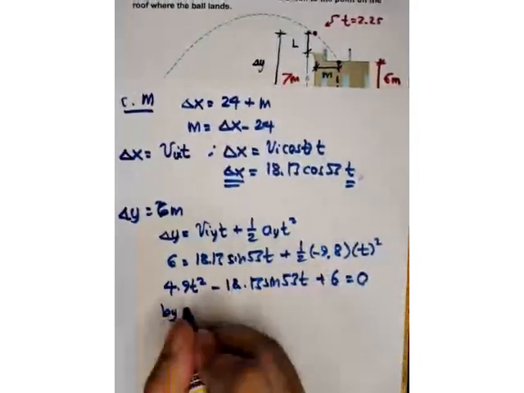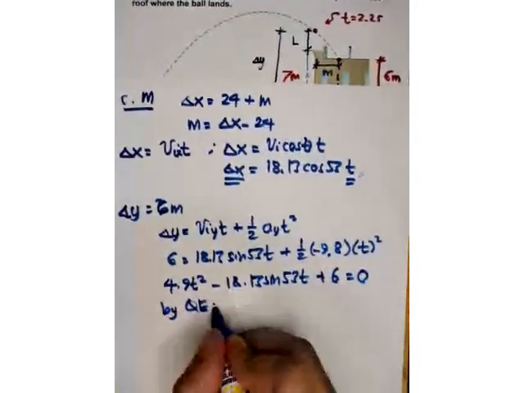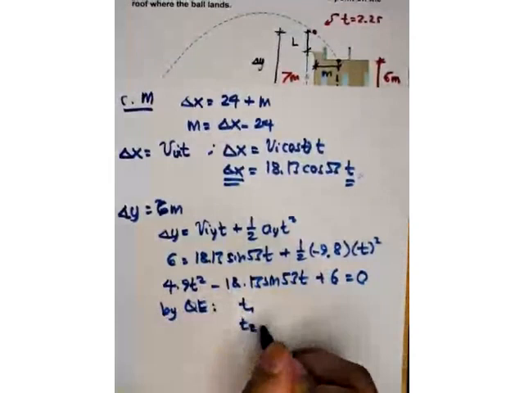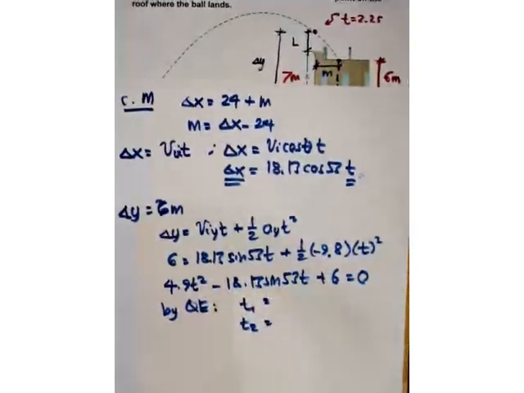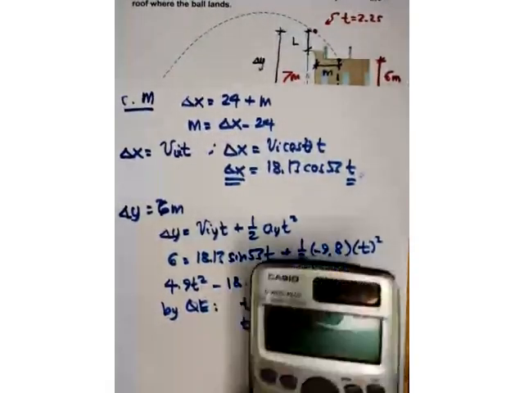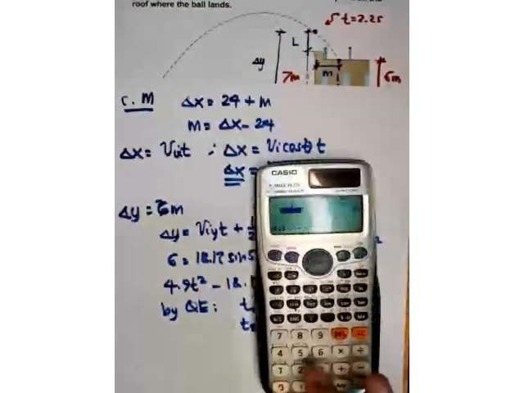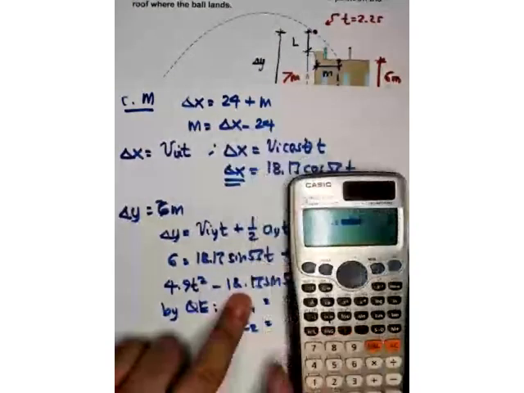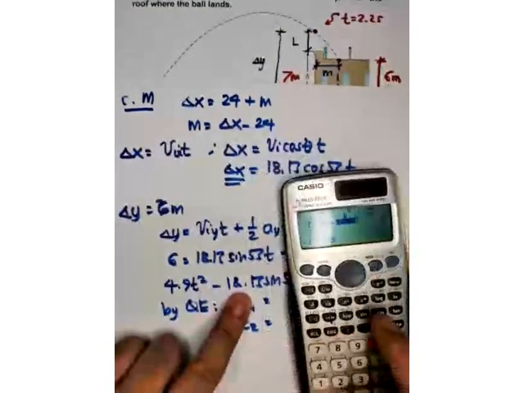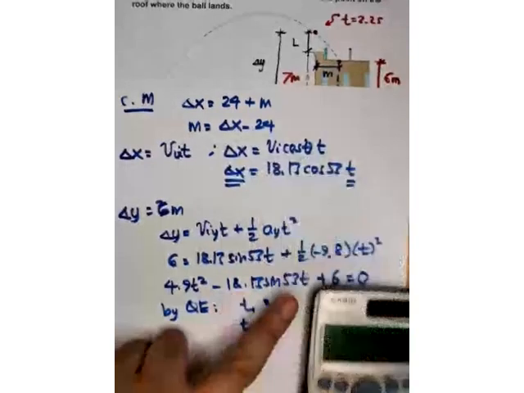Now by quadratic equation, we find t1 and t2. Use your calculator mode 5, 3, and type the given 4.9, then negative 18.13 sine 53, and then positive 6.